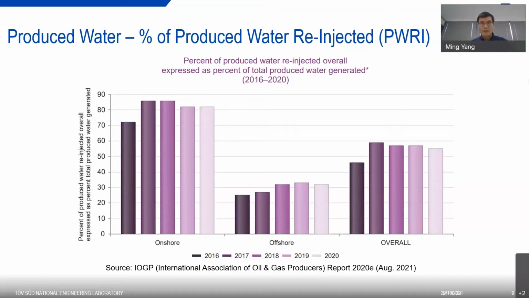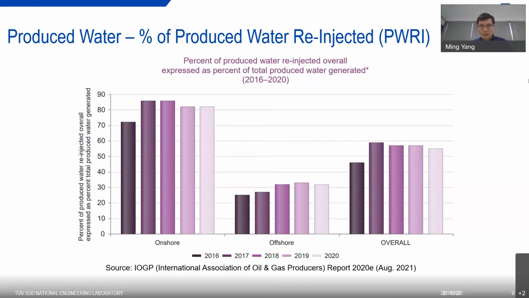And here is a chart from IOGP, the International Association of Oil and Gas Producers, and the data covers 2016-2020. We're looking at the percentage of produced water being reinjected.